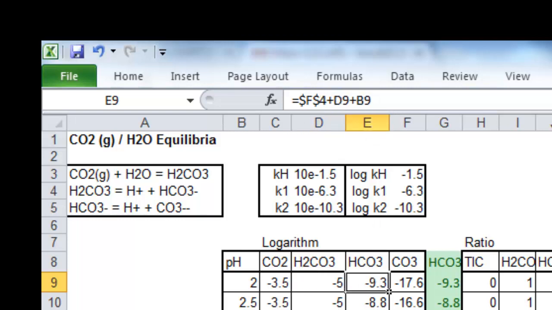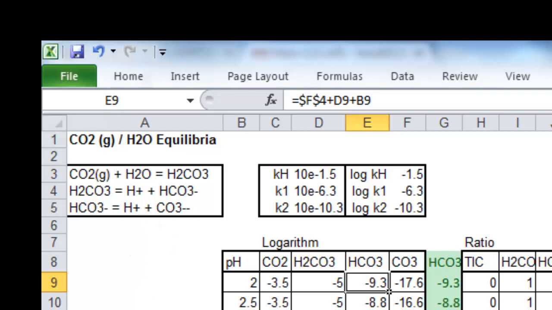Okay, and then bicarbonate. We've got the equation for the first dissociation of H2CO3. So H2CO3 dissociates to give you an H plus and an HCO3 minus. The equilibrium constant for that is 10 to the minus 6.3. So if we again look at the law of mass action, the products are H plus and HCO3 minus.